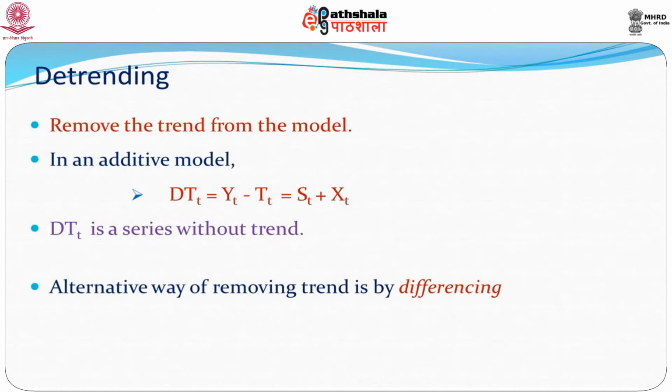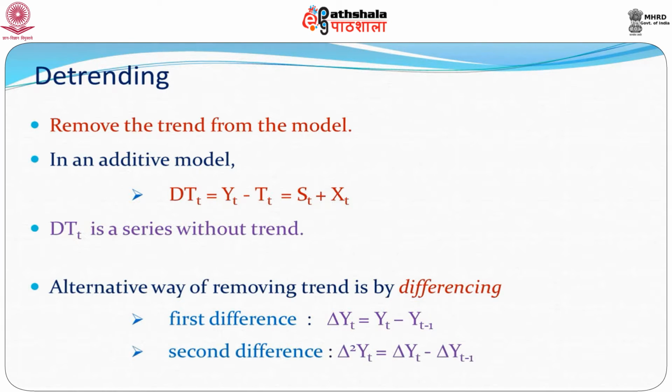An alternative way of removing trend is by differencing. So, if you have a series Yt, then Yt minus Yt minus 1 is the first difference. You can take a second difference which is the first difference of the first differences, and this way you can also remove trend. This is easy to see and you can do this in practice. You can try this out, you use the linear trend and you take the difference of Yt minus Yt minus 1 and you will see that the trend factor actually is taken out.